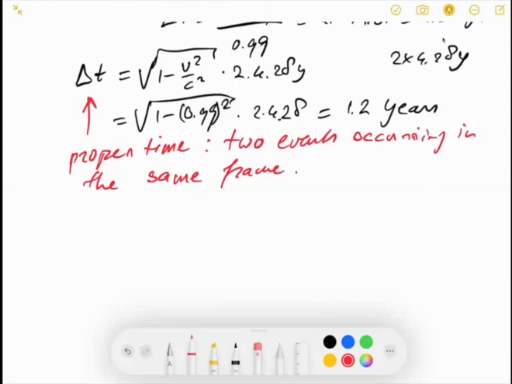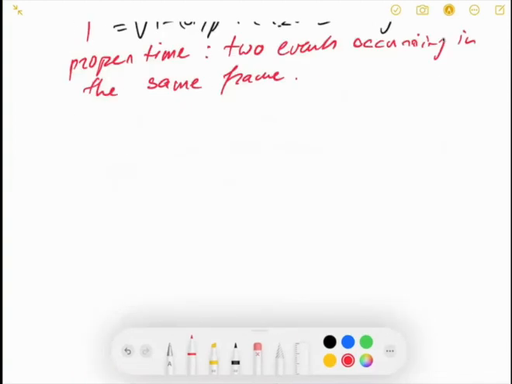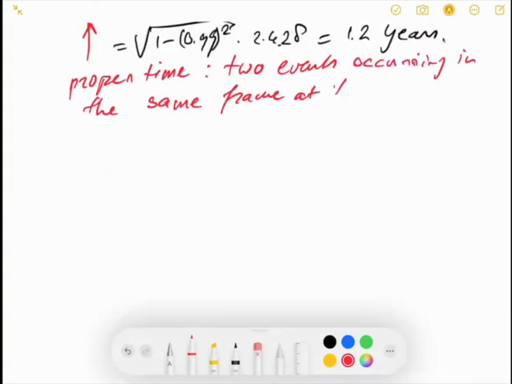But really, in this case, there cannot be any ambiguity, because person A actually was always in an inertial frame that didn't move. Person B actually had to accelerate, and that's the thing that made him or her special. Okay, so of course the frame of reference is the same, occurring in the same frame at the same point, right? Because it's in the spaceship.